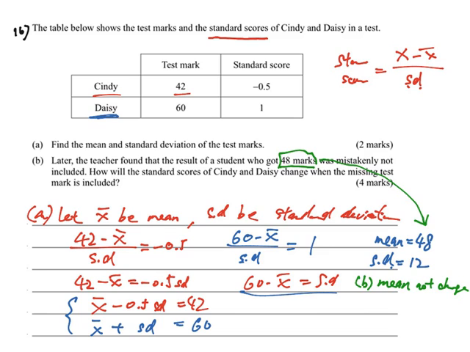But for the SD, because SD is the sum of something squared over n, if n is increased, that means SD will decrease.